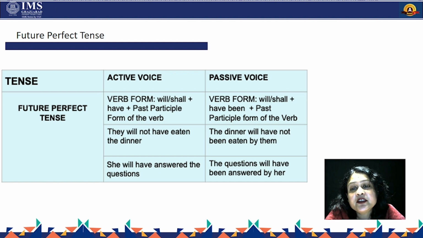For example, let us look at this. She will have answered the questions. Something that is happening in the future. The question will have been answered by her. So will have, been and the third form of the verb.